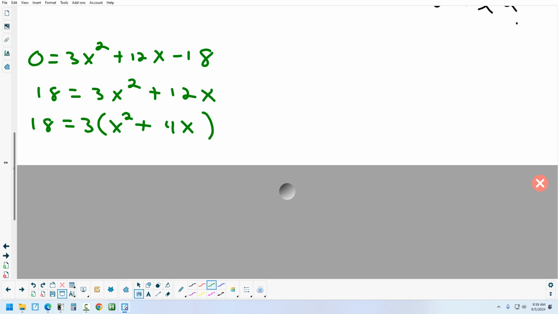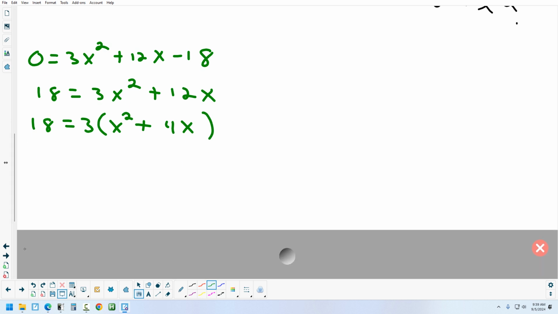Now, the next step is where the magic of completing the square happens. You've got to find some number that you can add to both sides. That's essentially going to make this part over here factor into two things that are the same, like x plus 4, x plus 4, or x minus 2, x minus 2.